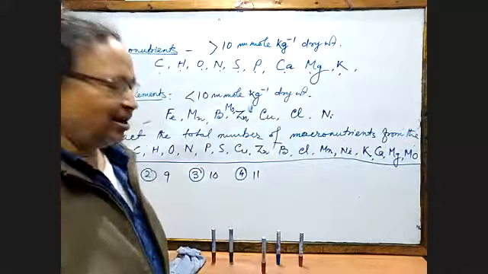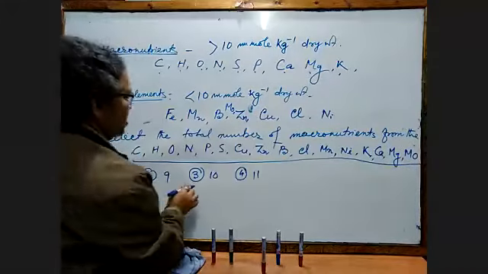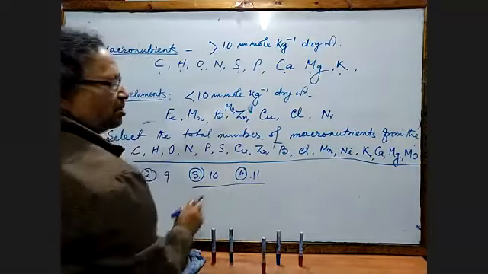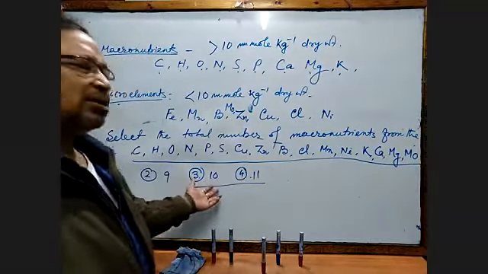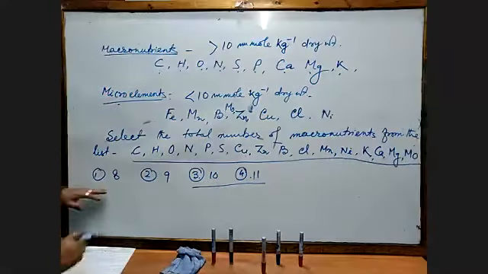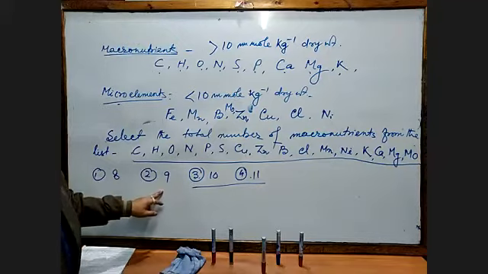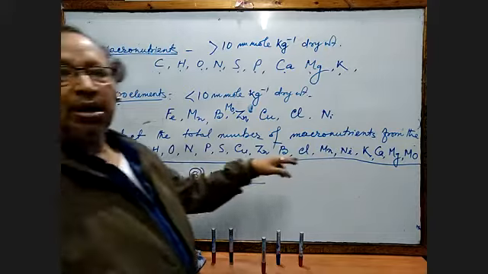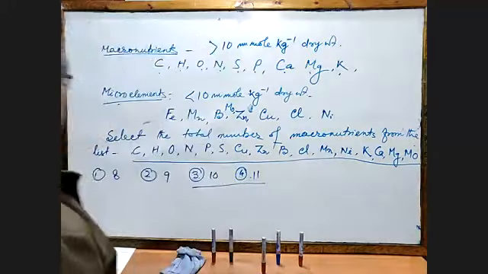Macronutrients are only 9. So these two options, 10 and 11, option number 3 and option number 4, are not at all correct. And so our answer will be from here, either 8 or 9.